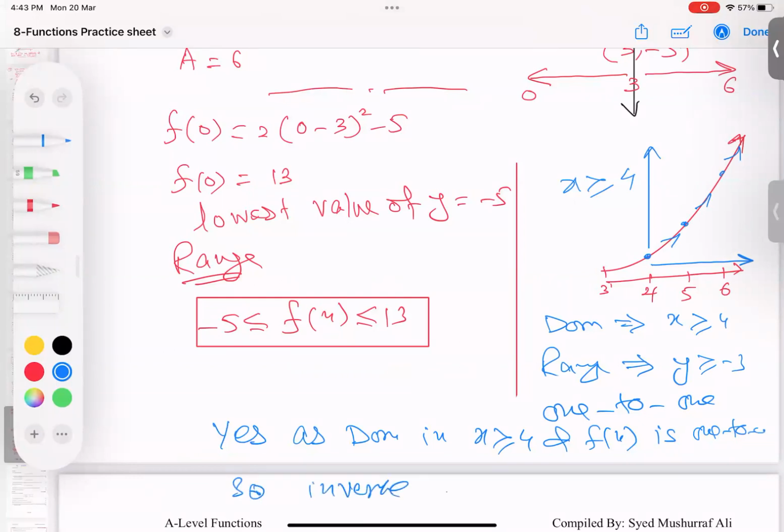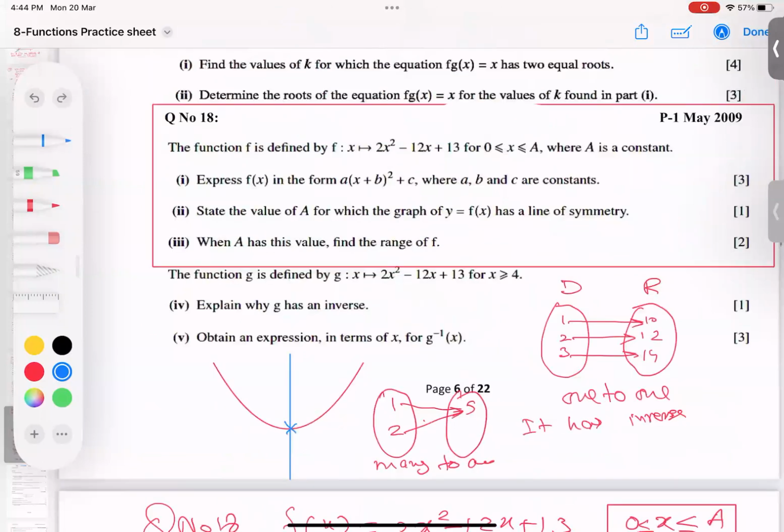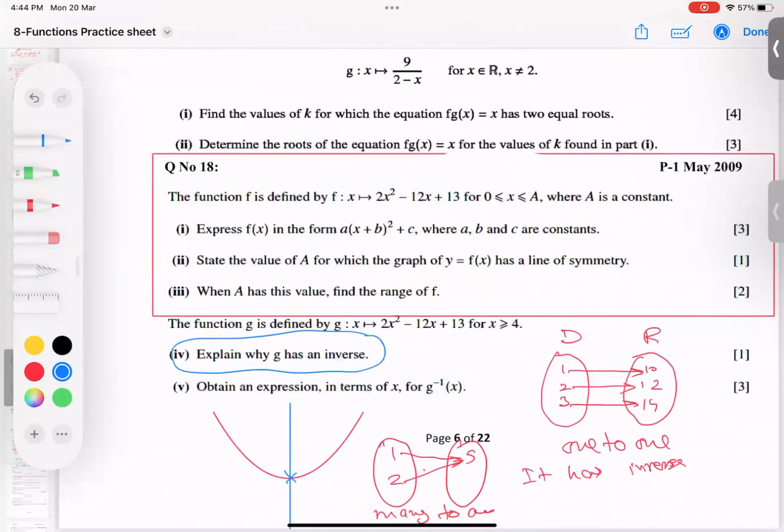I'm sure you got the point, it is very clear. So the inverse exists. Okay, so it means that because of the turning point, it is very clear. Alhamdulillah, I believe you got some idea about why the inverse exists or does not exist.